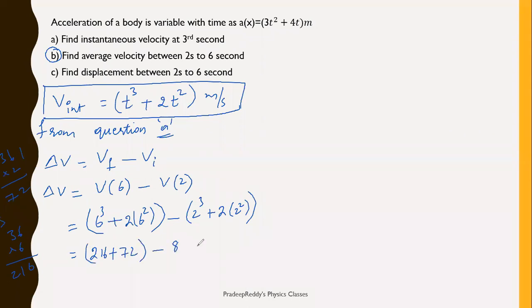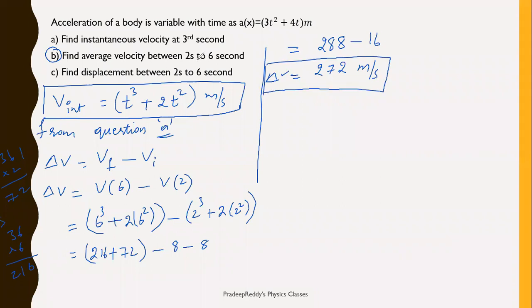Minus 2 cube is 8, minus 2 square is 4, 4 2s are 8. So 216 plus 72 is 288, minus 16 is 272 meter per second. This is how you can find out average velocity between 2 second and 6 second.